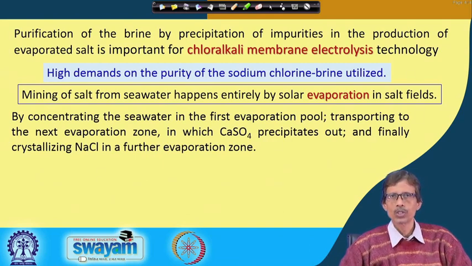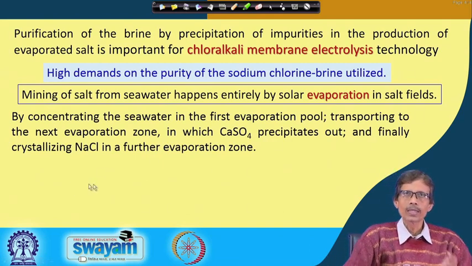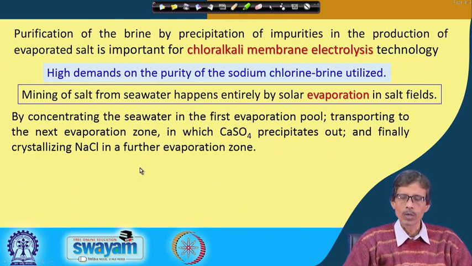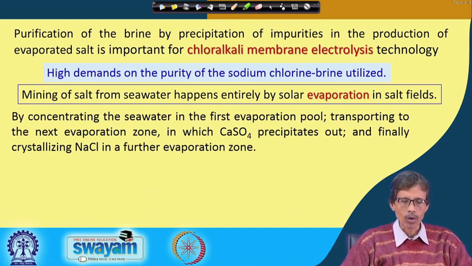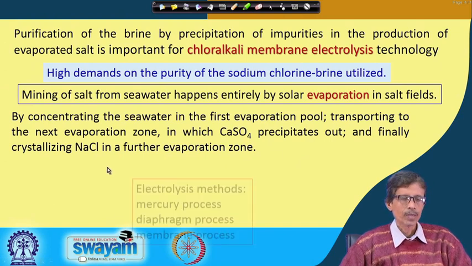That is known as the further evaporation zone, and there we are looking for the crystallization of sodium chloride. That means even if you have some amount of impurity in it, it would not be crystallized at that particular point; only the bulk of the solid material separating from that saturated solution during crystallization is your sodium chloride.